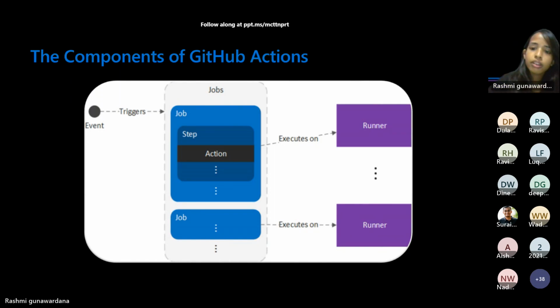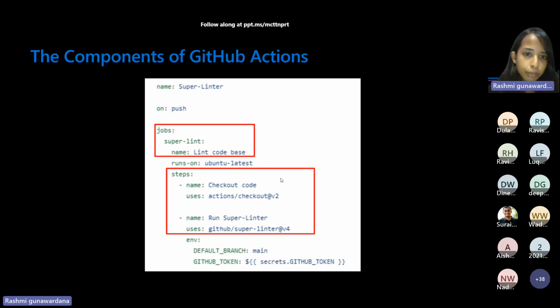So let's take this code for example. In this code, you can identify all the terms that I have explained right now. The name of this workflow is superlinter. On push is the event that triggers our workflow. Then there's jobs, and there is one job, superlint. Then the name of that job we have given here. This case says it runs on Ubuntu latest. So this is the runner, that means the running environment of our code.